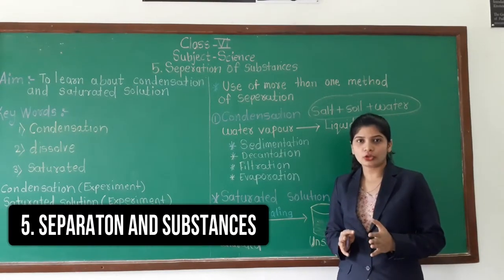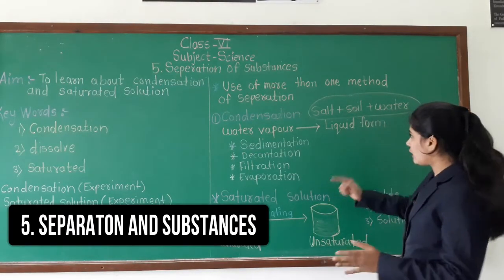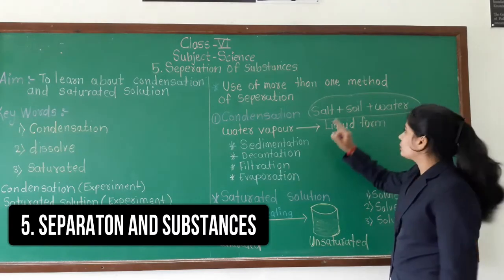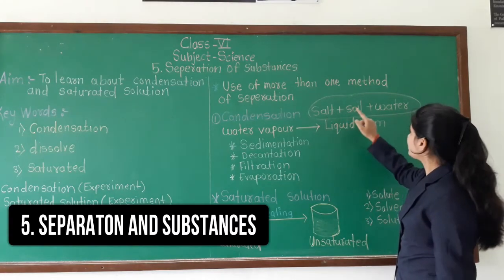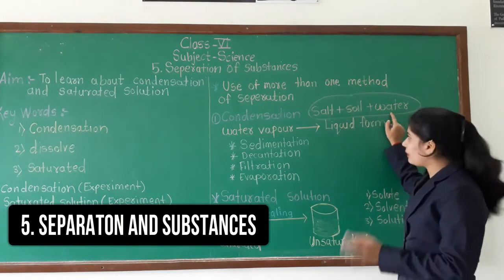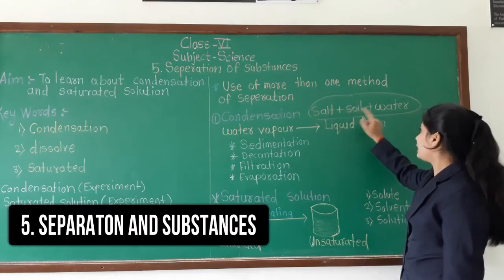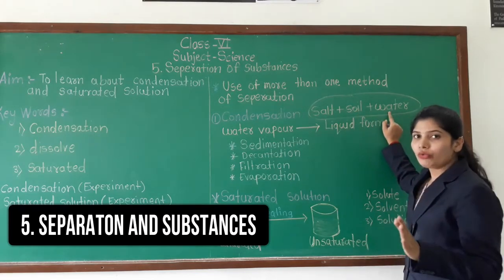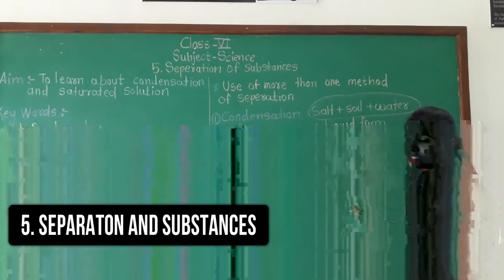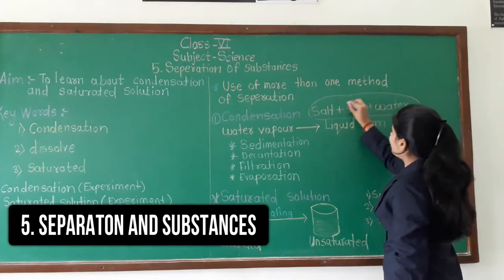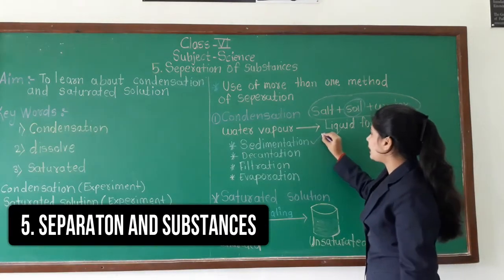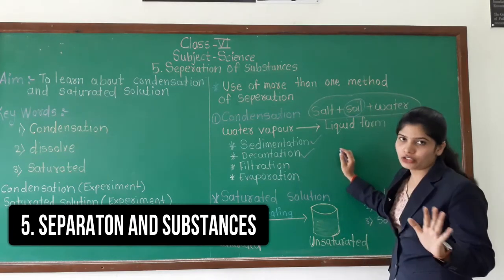Understood the condensation process? What have we done? First we have made the solution of salt, soil and water. Now we have to separate out all these things. First we separated out the soil by the sedimentation and decantation process.